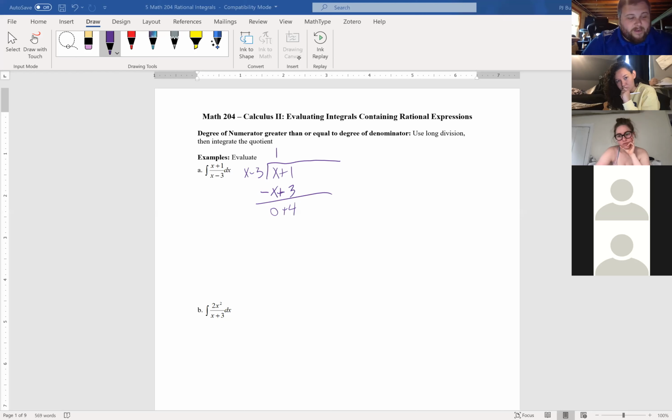And so I'm just going to write this as a remainder. So now, instead of the integral that I was given, I am now going to integrate this combination.